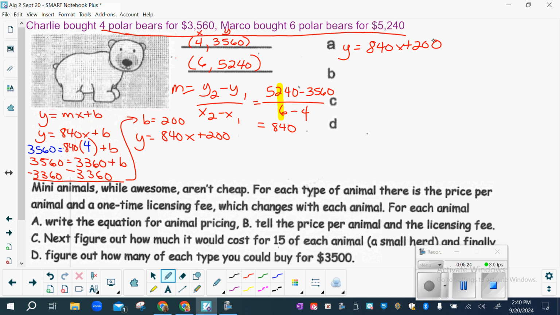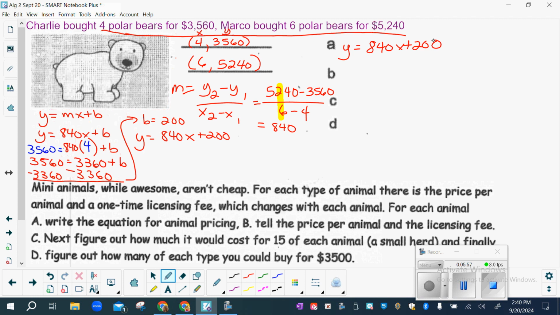Okay, so for B, we want to find the price per animal and the licensing fee. So what part of that equation is the price per animal? What part is the licensing fee? Which one do you think is the price per animal? Which one is the licensing fee? So when you have a line, will your y-intercept ever change?